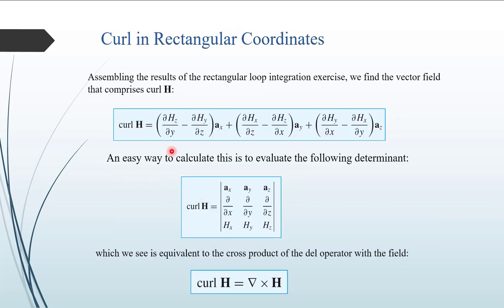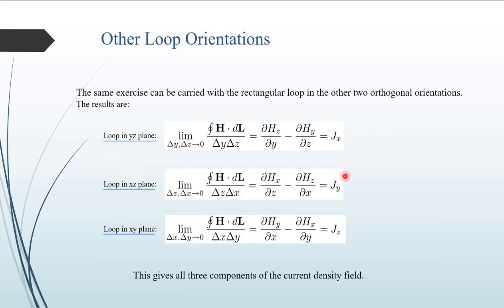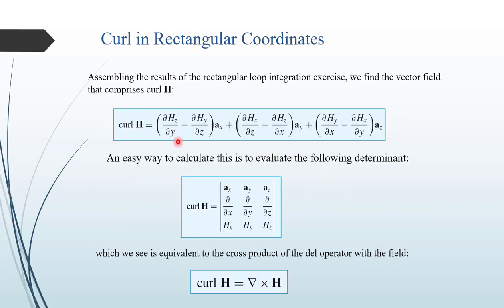After applying curl of H and assembling all the components, because here Jx ax, Jy ay, Jz az we are going to add together, these parts we have to add: dou Hz by dou y minus dou Hy by dou z. All these equations we have to add on the right hand side. After adding all these things, we get the curl of H, so the equation becomes like this.